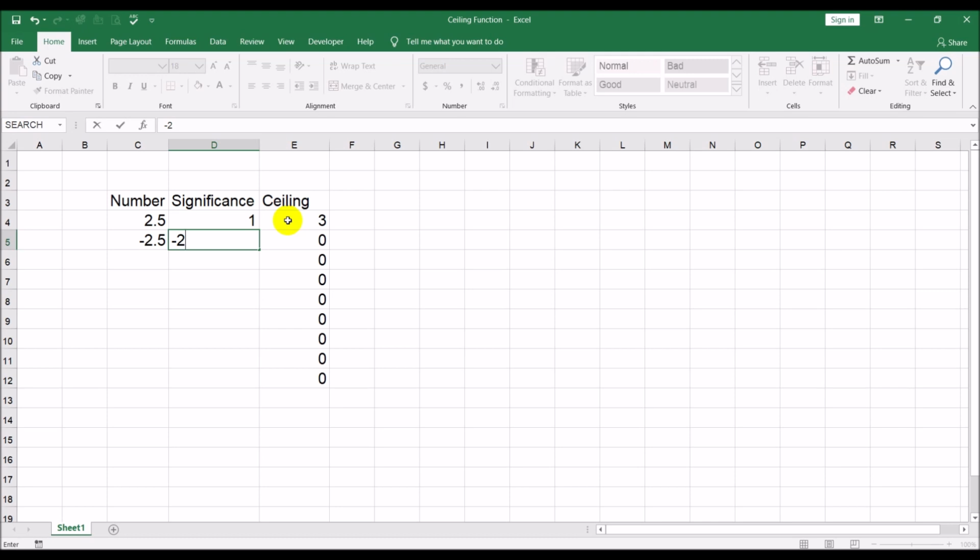When you say rounded down, as something becomes more negative, it's rounding down; as it becomes more positive, it's rounded up. But it still needs to be a multiple. So for negative 2.5, what number would we move this down to? It's a multiple of this negative 2 here, so that would be negative 4. Let's see if we get that value here.